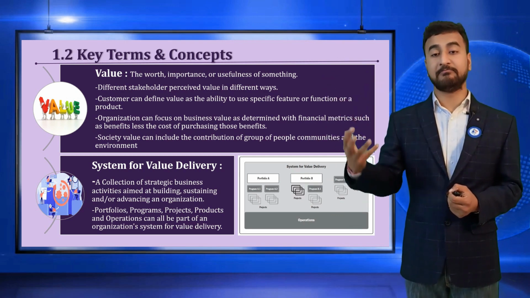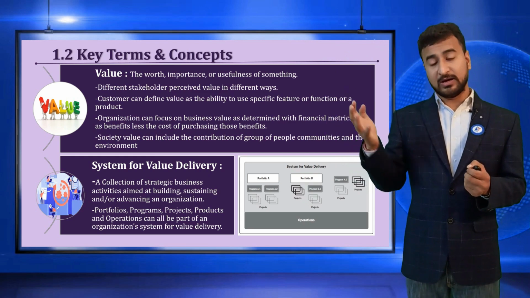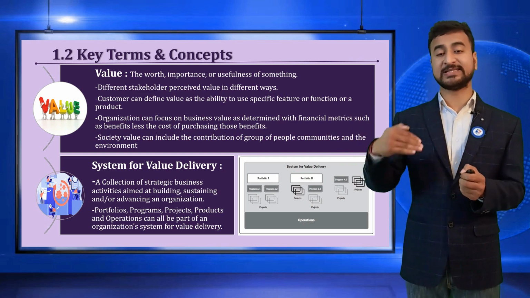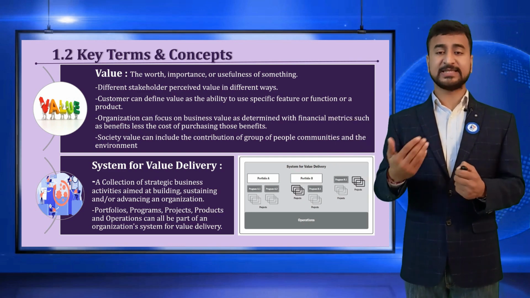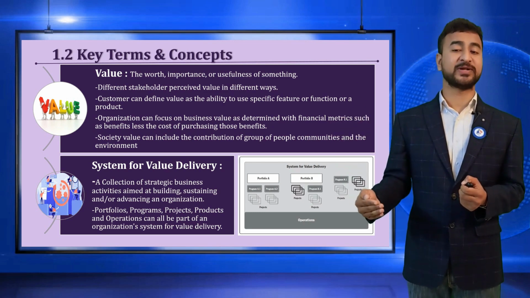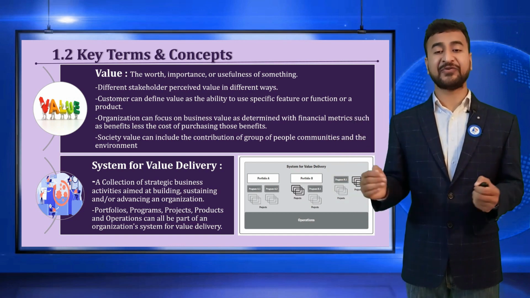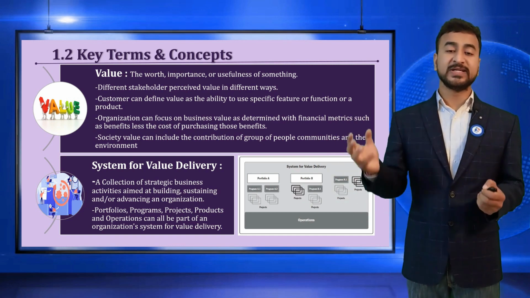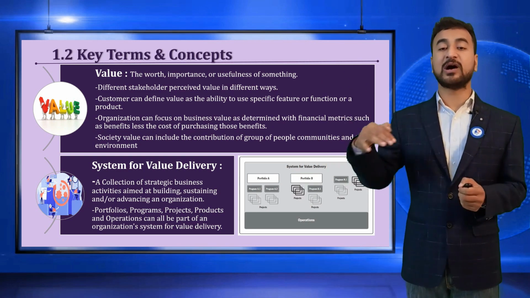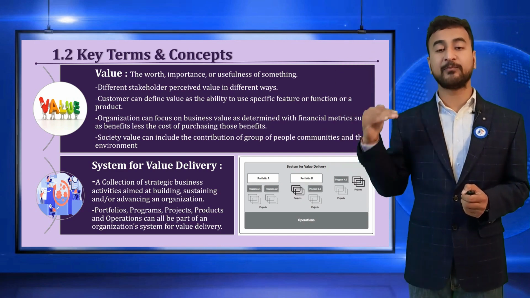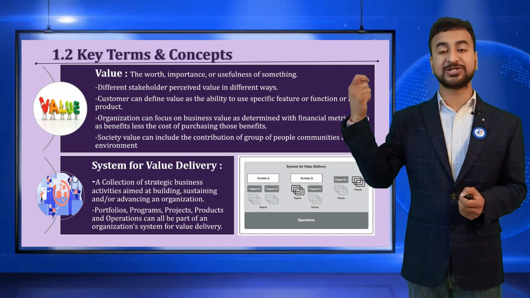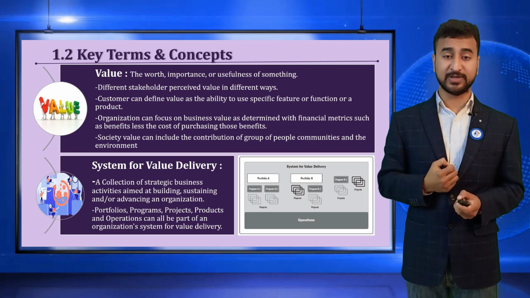Suppose the challenge organizations face nowadays is silos: different projects and programs are not discussing with each other, there is no synergy, and that is the reason for waste of resources and a very high attrition rate. All these are reasons we are not getting value. So in the system for value delivery, we need to focus on how portfolio, program, project and operation work synergistically to achieve the corporate organization goal. That is the system for value delivery.